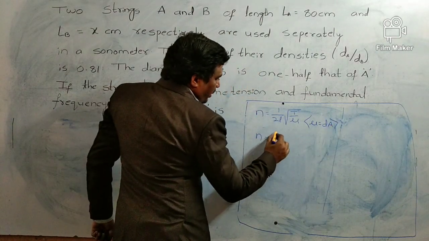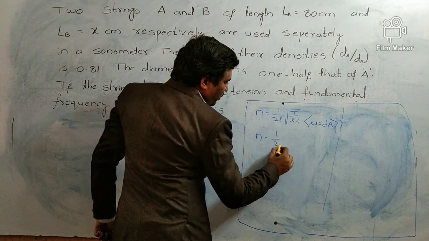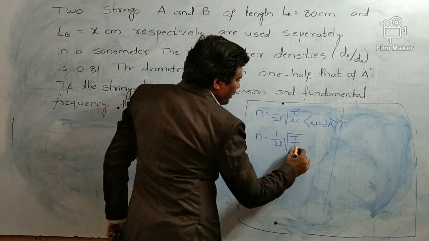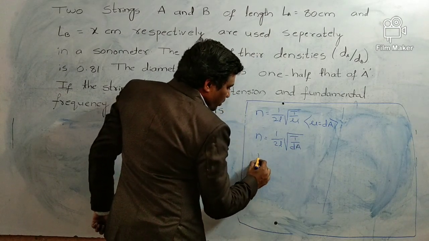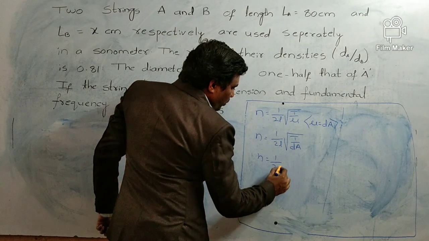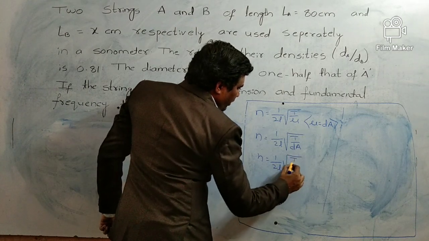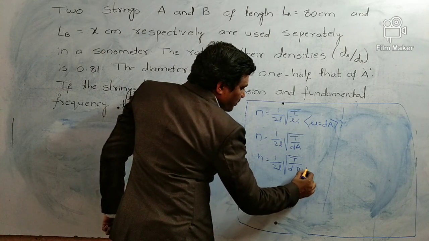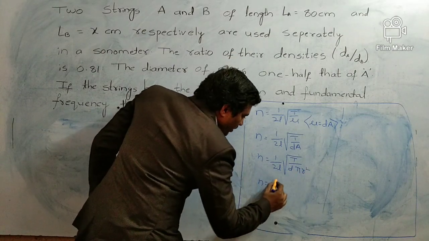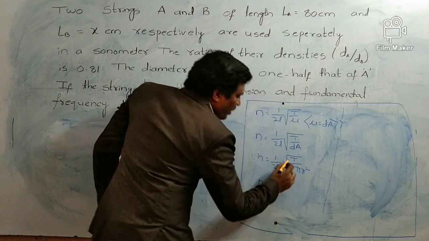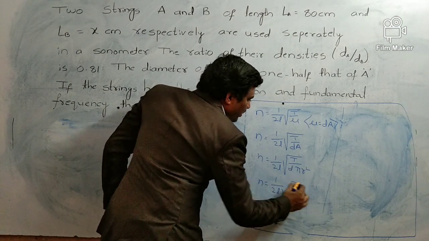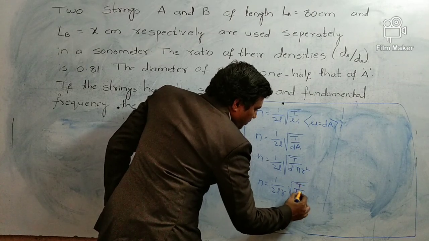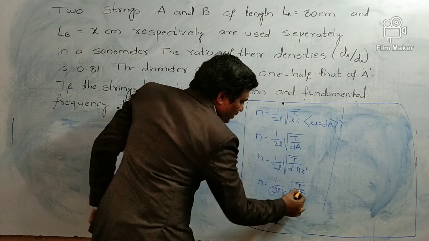So n equals 1 by 2L under root of T by density into area, where A is the area of cross section, pi r square. So n equals 1 by 2L under root of T by d pi r square. Now pi is a constant value.